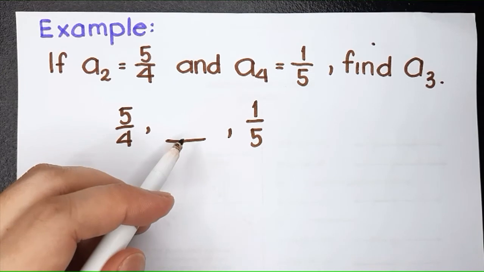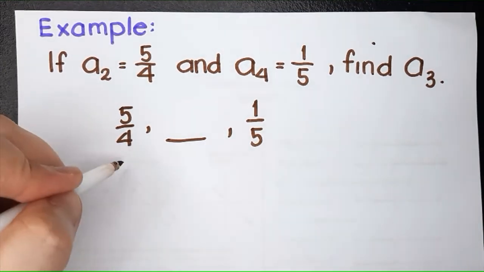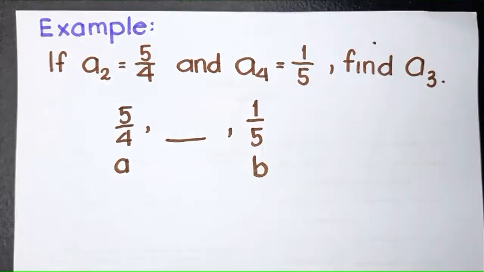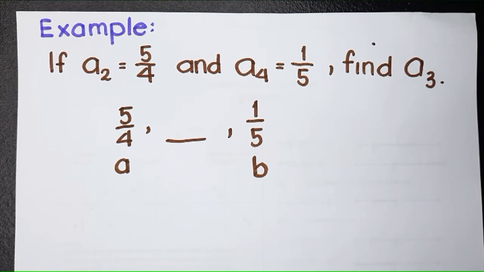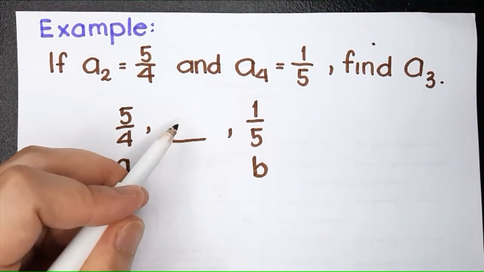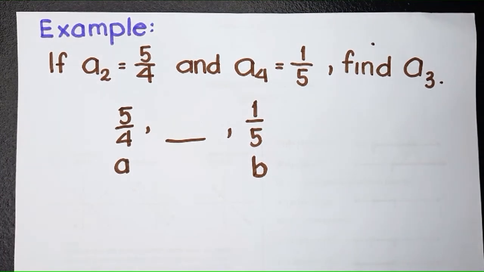Right? So, mas madali kapag isa lang. Ipa-follow nyo lang yung formula na ito. So, kunyari ito yung A, tapos ito yung B. Okay? Ito lang ang ipa-follow yung formula to get the number between them.